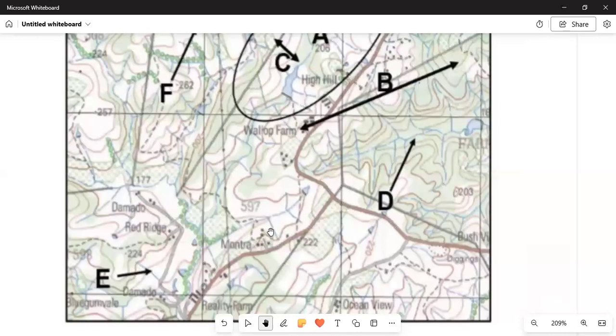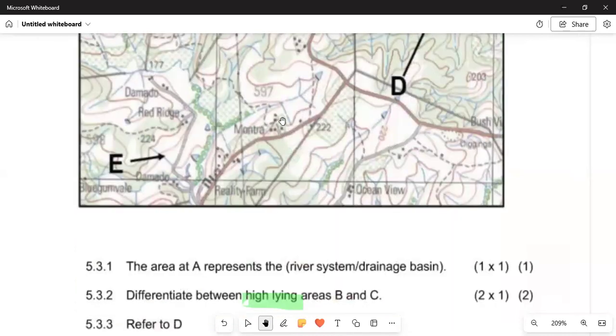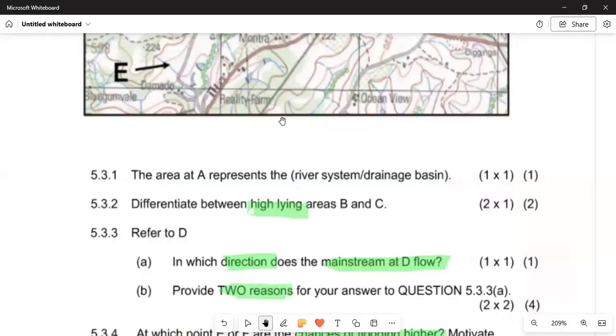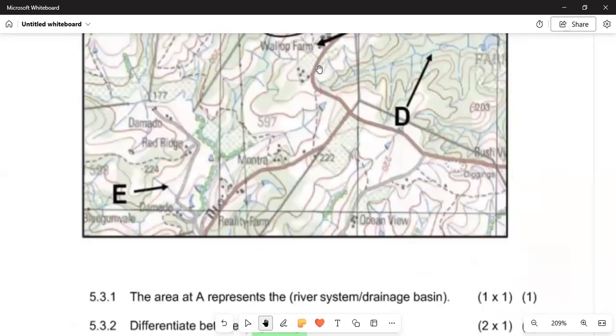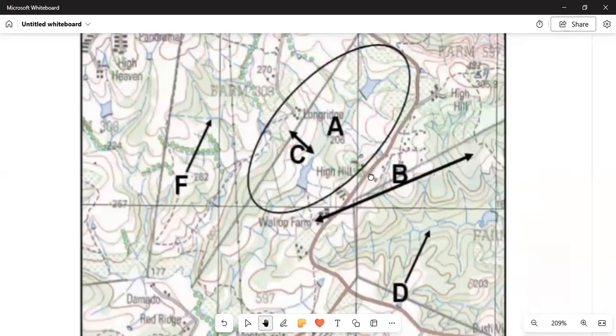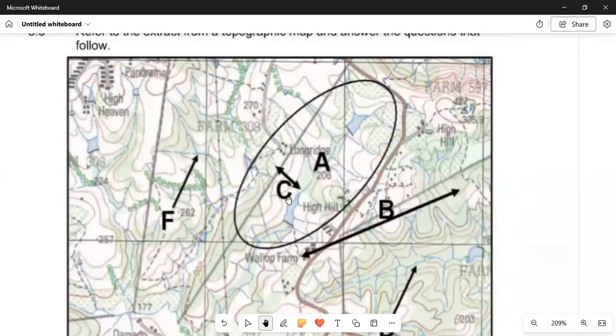Then, moving on, in 5.3.2, they say differentiate between high-lying areas B and C. So we want these high-lying areas. Can you go and look at them? We have B, a high-lying area, and then we have C, a high-lying area.